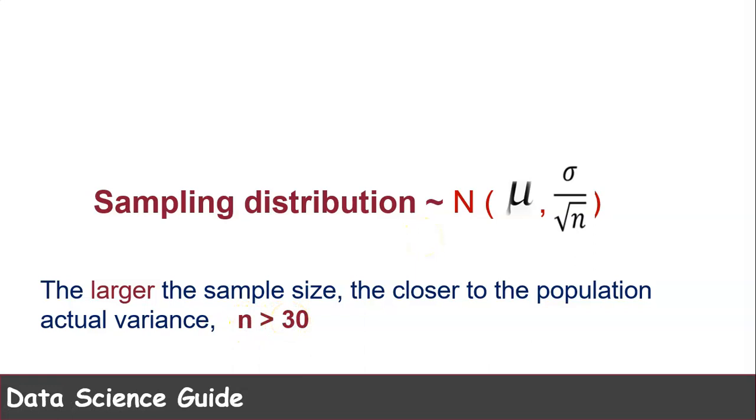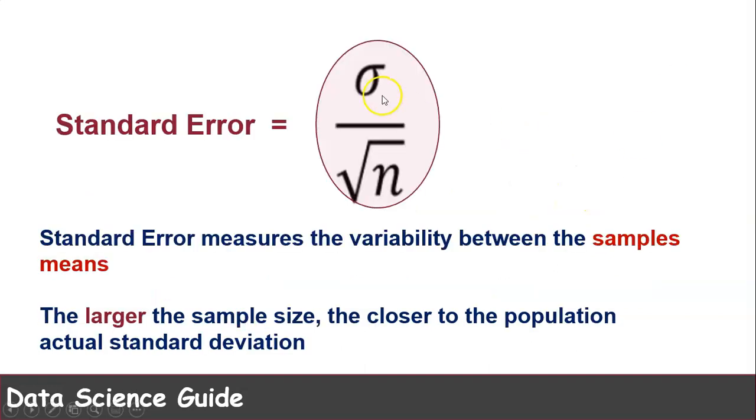So to recap here, the mean of the sampling distribution is mu, and standard deviation here is sigma, which is the standard deviation divided by square root of n. However, we don't call it standard deviation here. We call it standard error. So we call sigma divided by square root of n standard error.